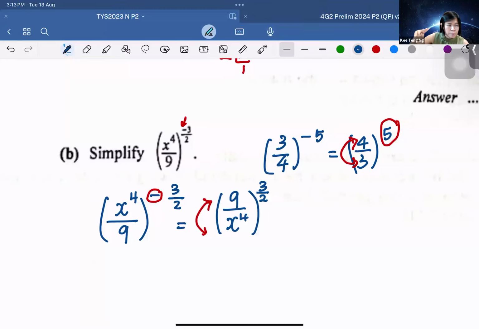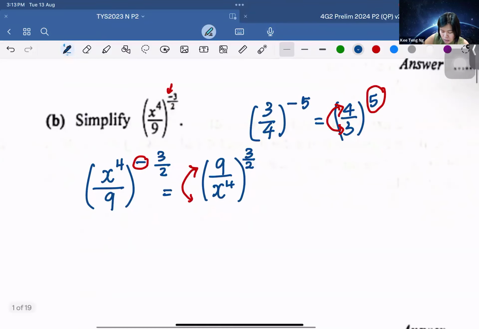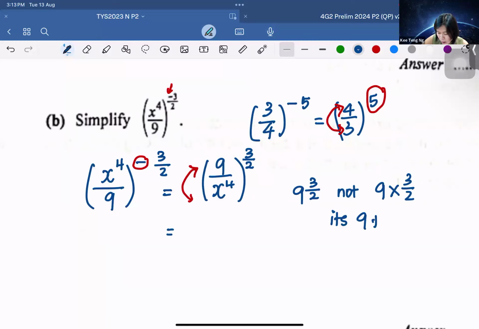The flipping of the base, not the power. Next thing, what is this? If you are not sure, this is just numbers, so you can use your calculator: 9 to the power of 3 over 2. Power, okay, not 9 times. This is not 9 times 3 over 2. It's 9 to the power of 3 over 2.